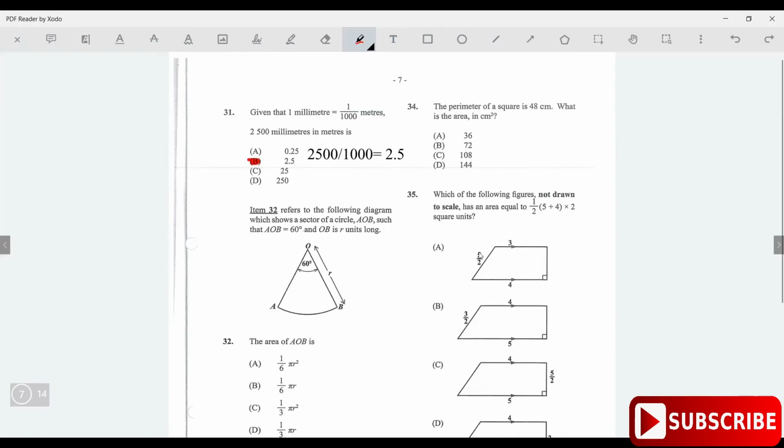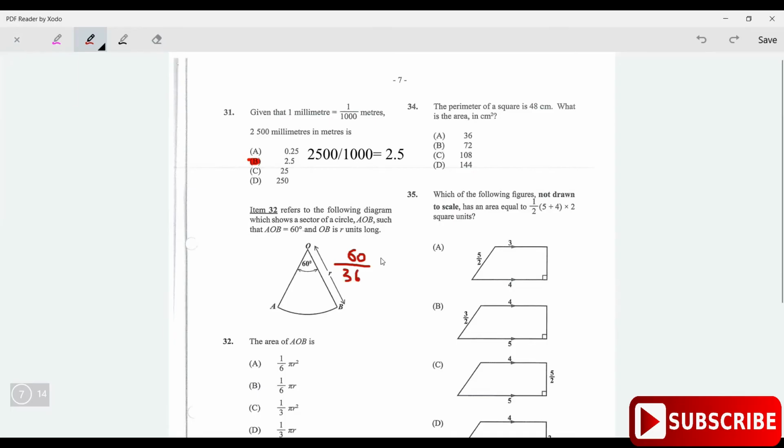This question says, find the area of this sector. The area of a sector is theta over 360 times pi r squared.